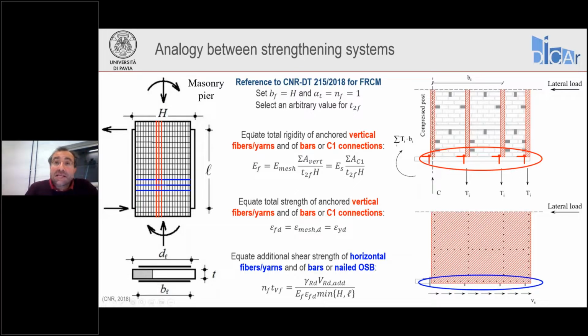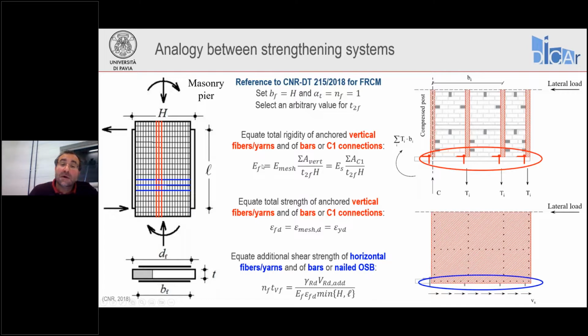Now, the first equivalence that we consider is the one between the axial rigidity of the vertical fibers of the FRCM and the one of the vertical bars of the CRM or the C1 connections of the timber retrofit. By setting up this equivalence, we can find these equations here.